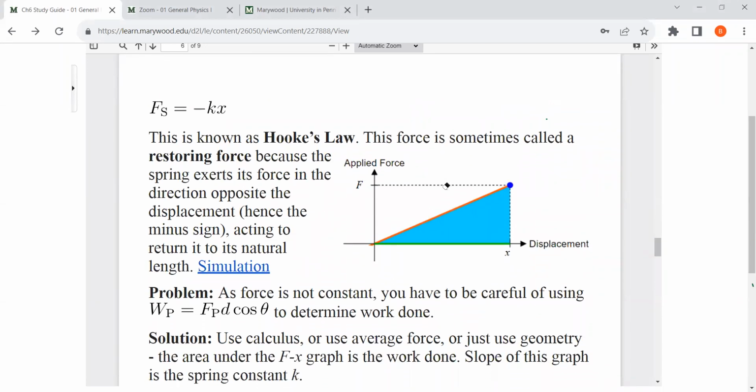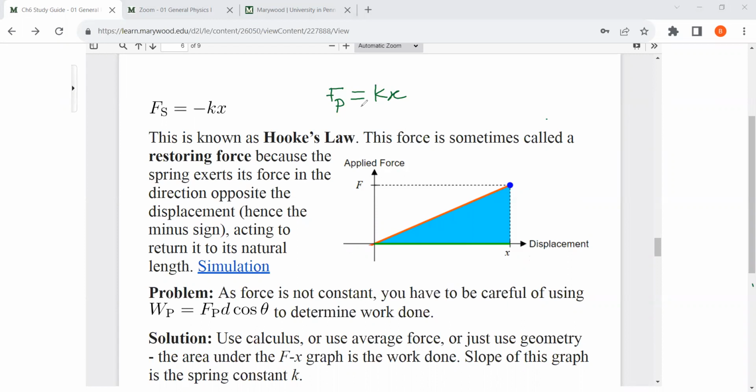Now I want to know what is the work done by this spring force or the external force when we deal with a spring. We know that the external force for compressing or stretching is equal to kx. K is the spring stiffness constant and x is the displacement.